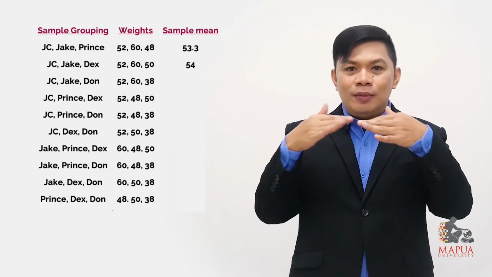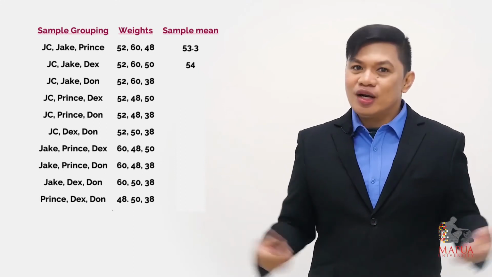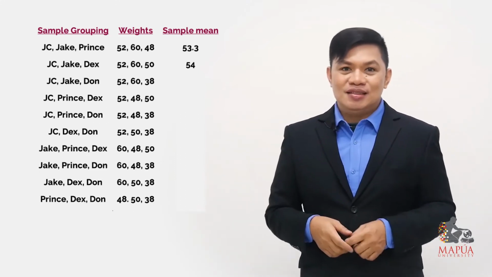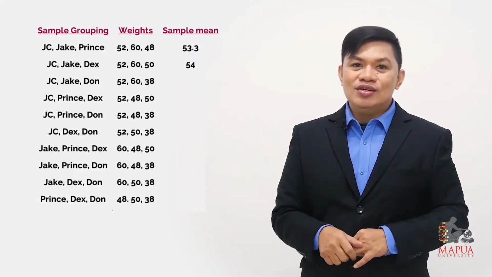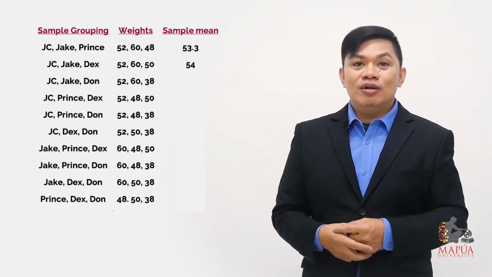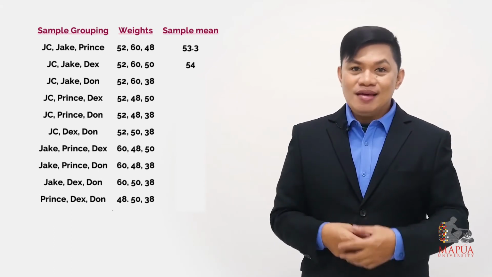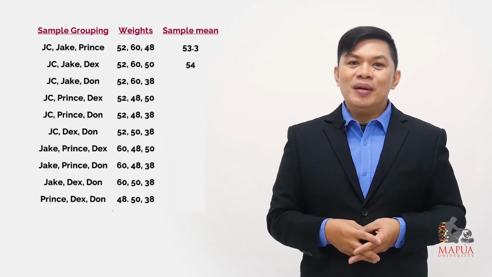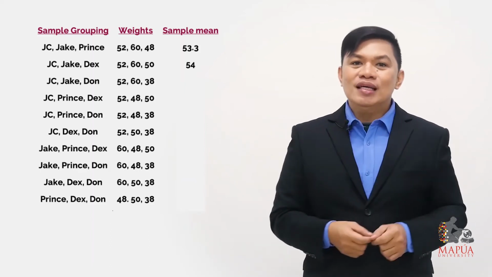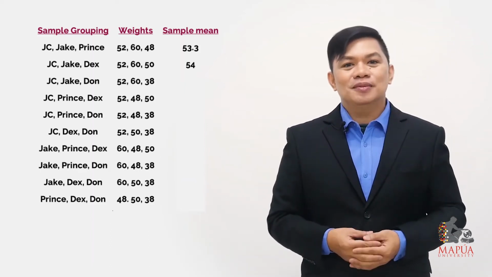So I leave to you the remaining 8 groups. Bring out your calculator, compute for the means, and just fill out the values in the third column of the table that I have shown you earlier. I'll give you around 3 minutes to complete the table. Supply the means of the 8 remaining groups.